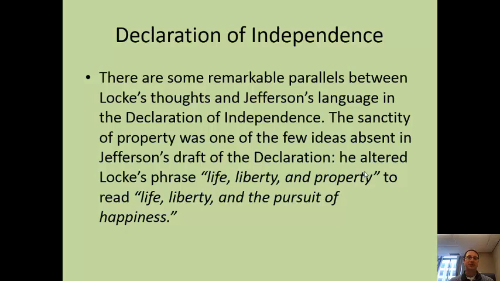So, moving on briefly to the Declaration of Independence. John Locke was a famous political philosopher from right around the time of the founding fathers, just before that, and he had the idea that life, liberty, and property were the most important things to be protected by a government.